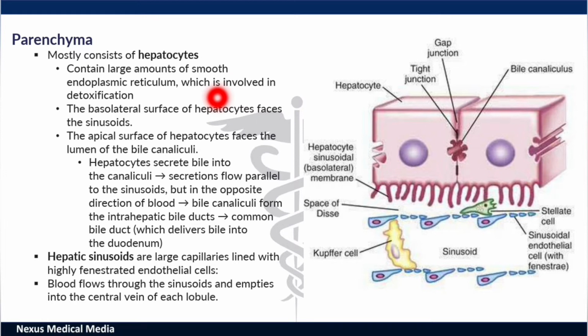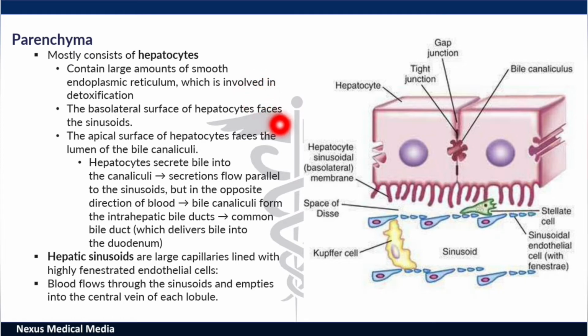When you drink a lot of alcohol or take drugs for medicinal purposes, not illegal drugs, either way, these toxins are rendered harmless by the different enzymes in the smooth endoplasmic reticulum.